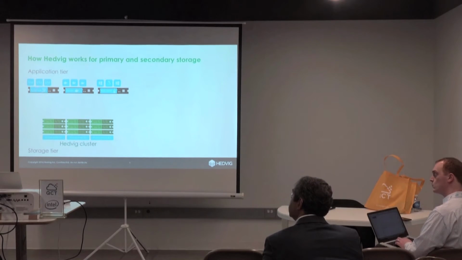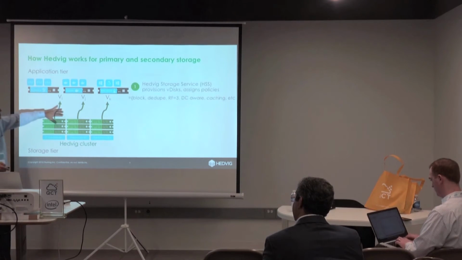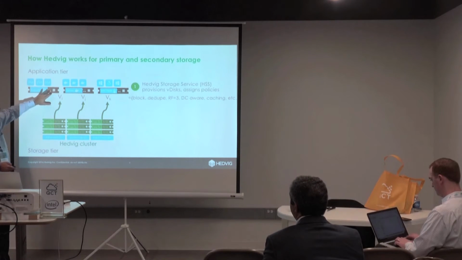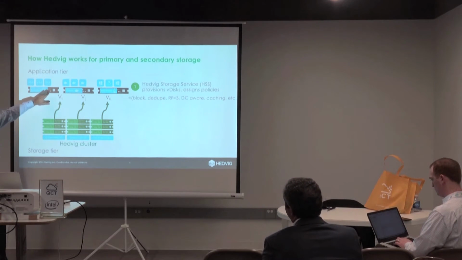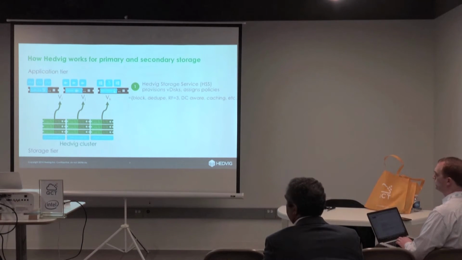And then up there is an application tier. And so we have the ability then to present these virtual disks up to the application tier through a proxy service. And that proxy service could run as a virtual machine in a hypervisor. It could run as a Docker container.